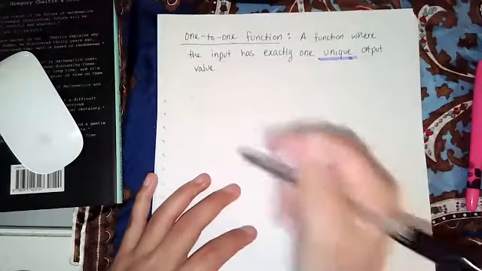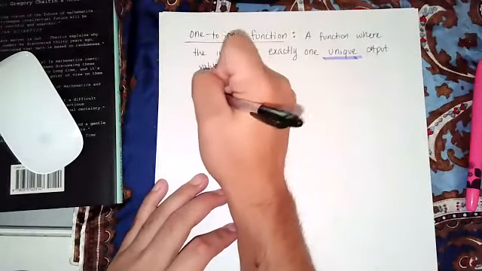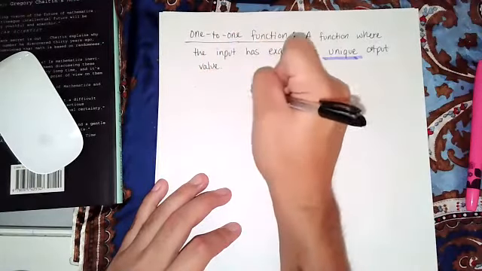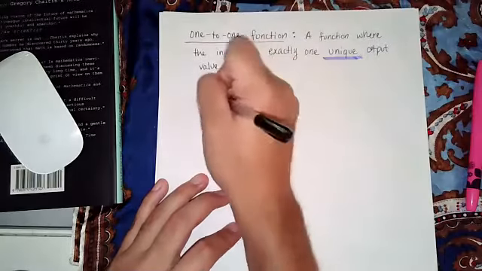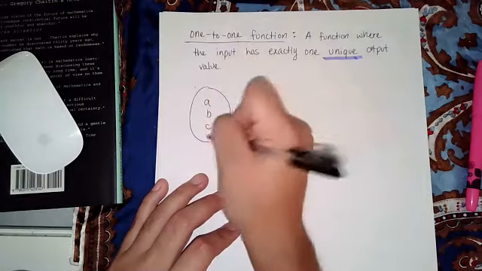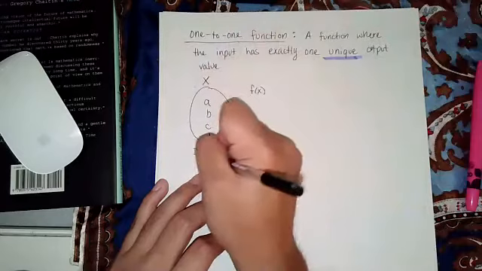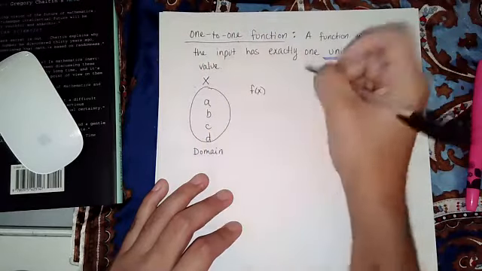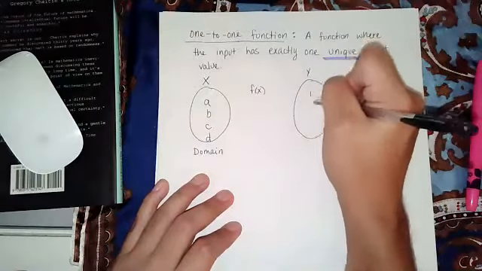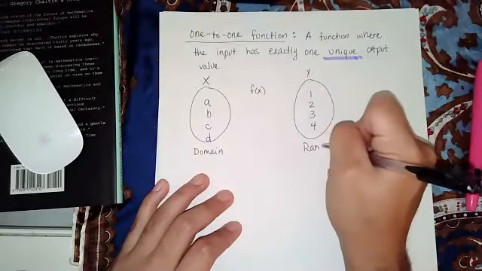So when we were studying functions, we could have a function, let's say this function f of x, and I'm going to use a bubble map to describe this. Maybe we had a, b, c, d here, and that's our domain or input space. And then in the output space, maybe we had 1, 2, 3, 4, and that was our range, our output space.